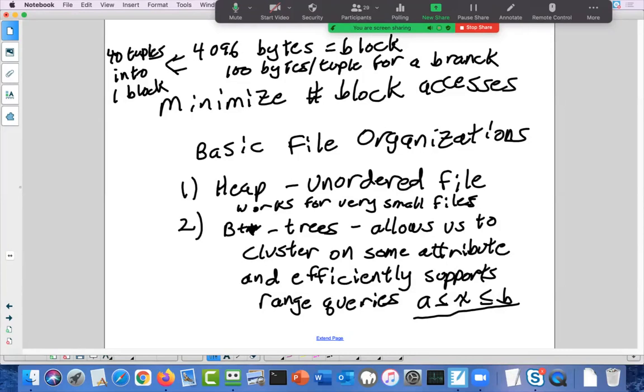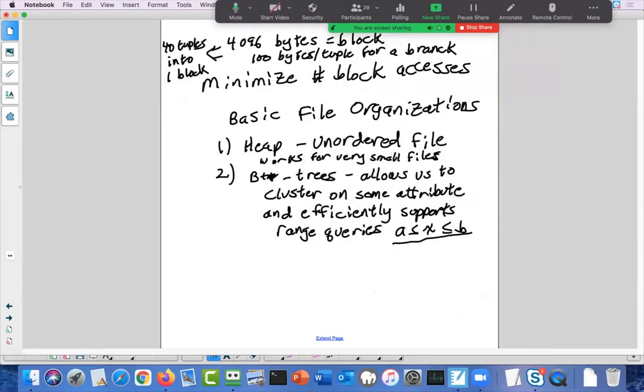And then the final one is extendable hash tables, which are also a variation of hash tables. And they are good for point queries.